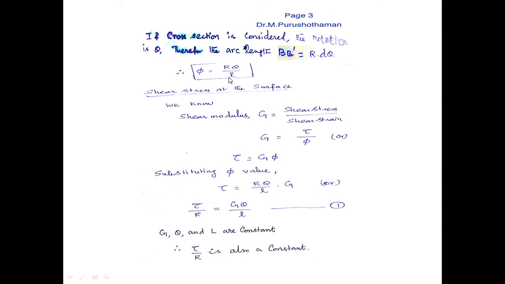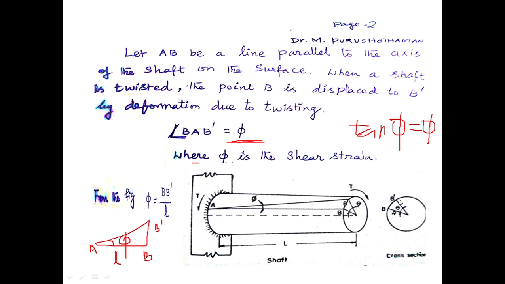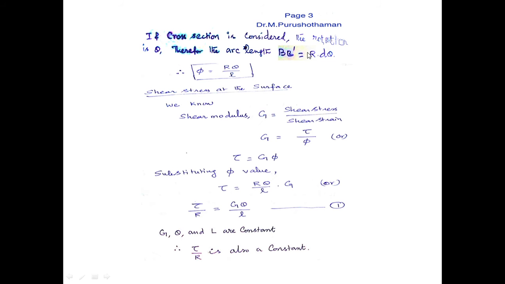If the cross section is considered, the rotation is theta. Therefore the arc length is R theta.